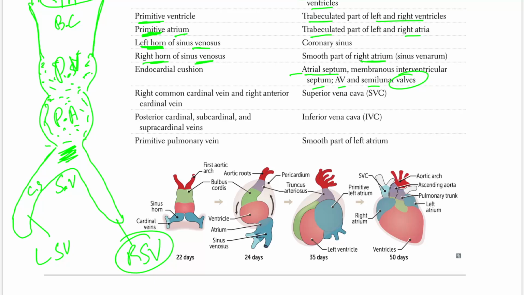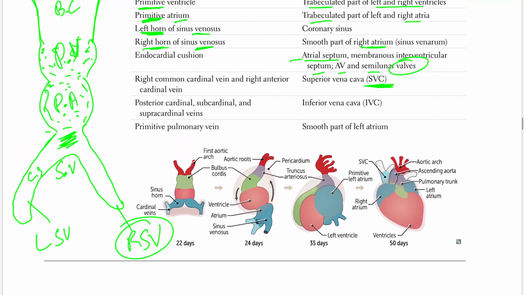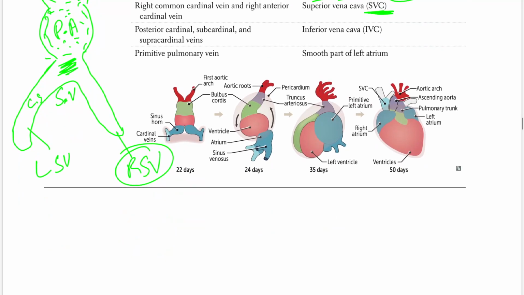Now, a high yield point is about the veins. Right common cardinal vein and right anterior cardinal vein are going to form the superior vena cava. So what are we looking at? This was about the coronary sinus, and this is all about your right sinus venosus, which is going to give you superior vena cava plus inferior vena cava.